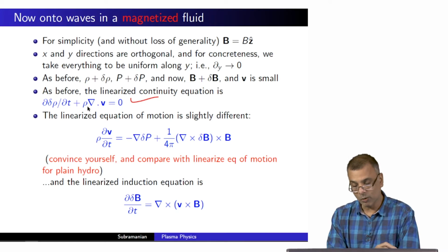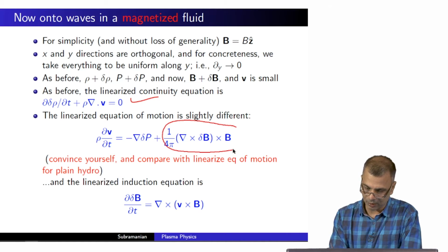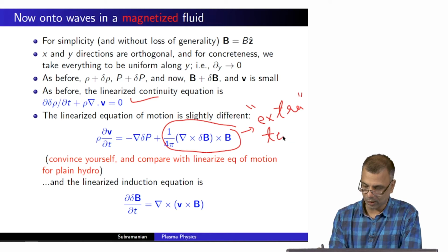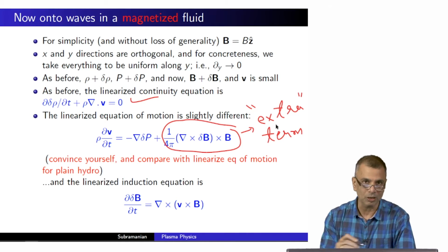The linearized equation of motion, which is the momentum equation, contains this extra part. This is the extra term, extra with respect to an unmagnetized situation, that's all.